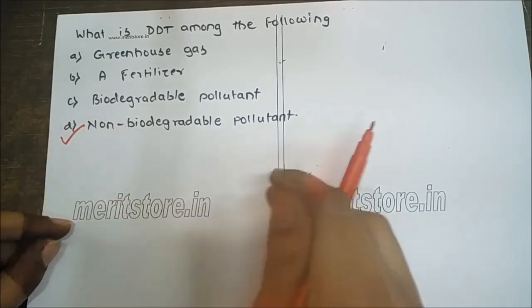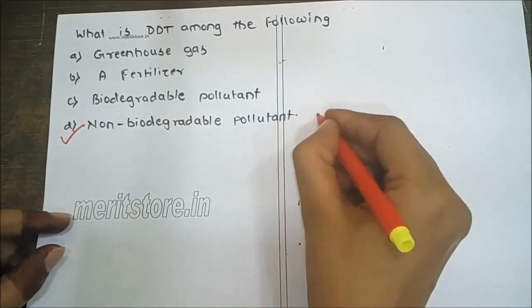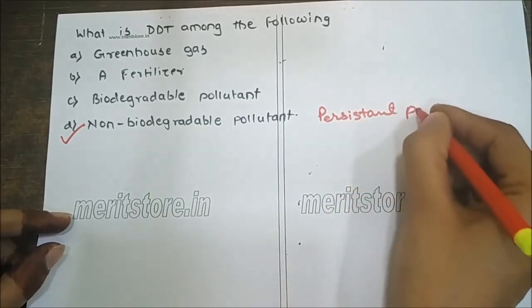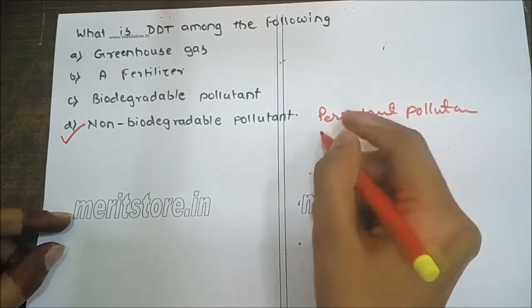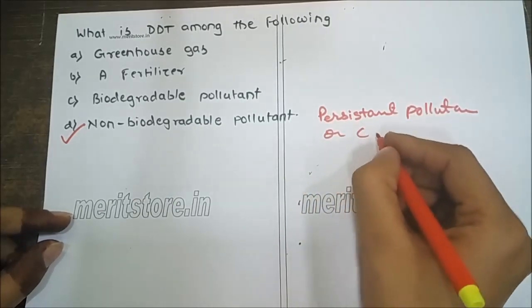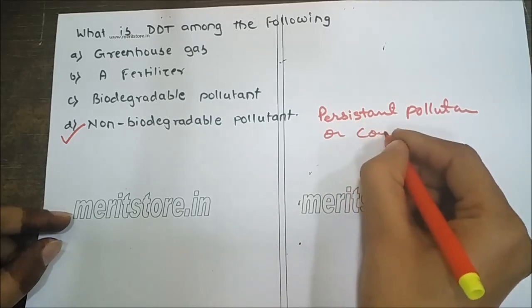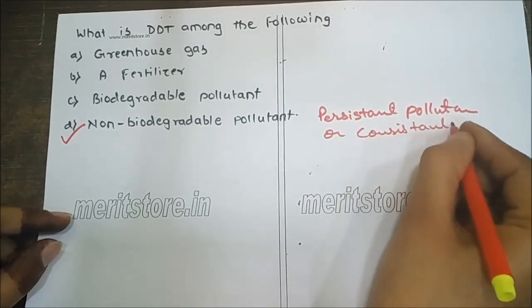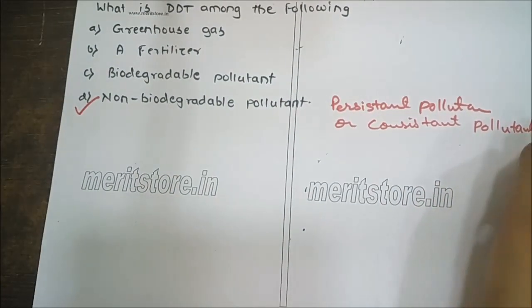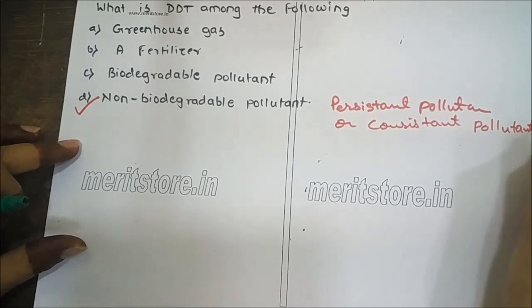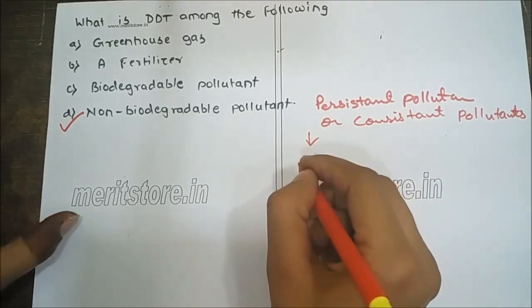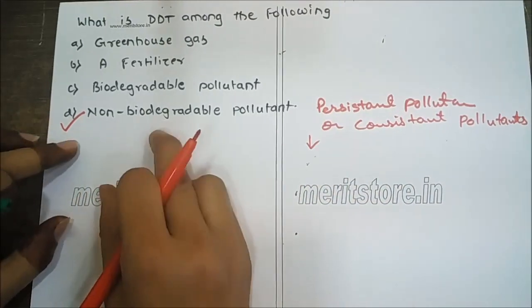As we have learned, DDT is a non-biodegradable pollutant, or a persistent pollutant, or a stable, consistent pollutant, which remains in the environment for many years. So DDT is a non-biodegradable pollutant.